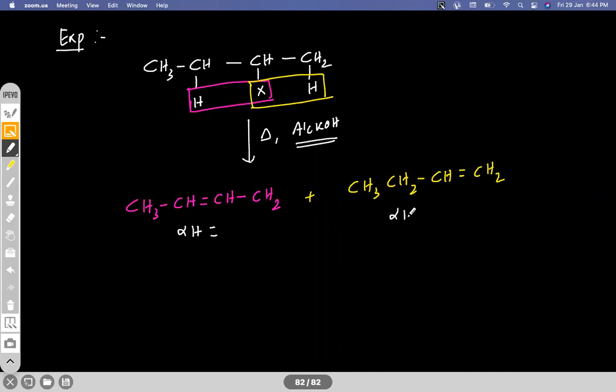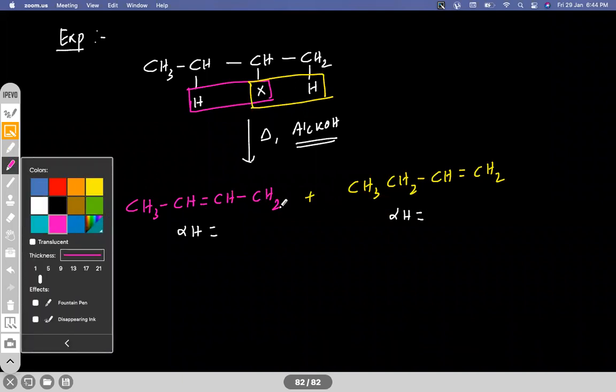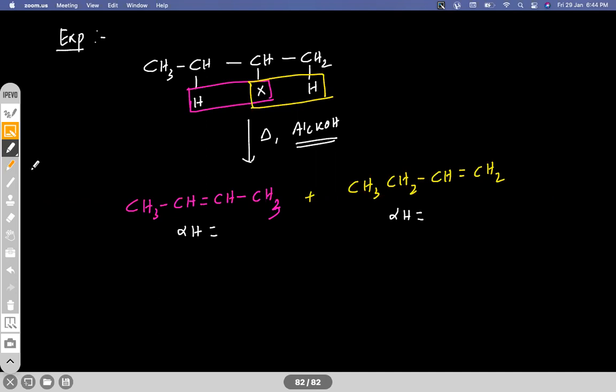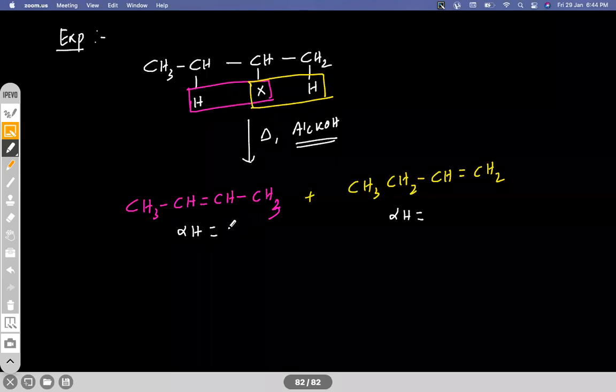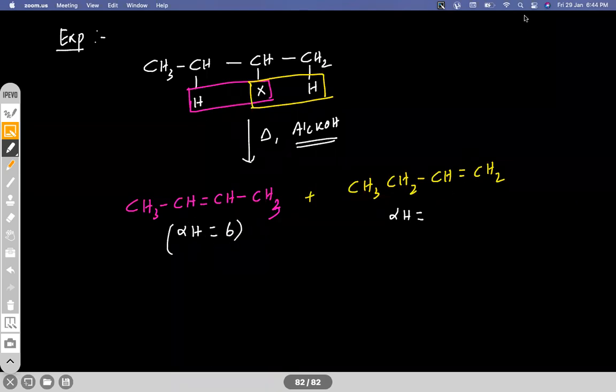What is the alpha hydrogen here? Could you tell me? This is CH3. How many alpha hydrogens do we have on the left side? Yes, we have 6 here and we have 5 here.